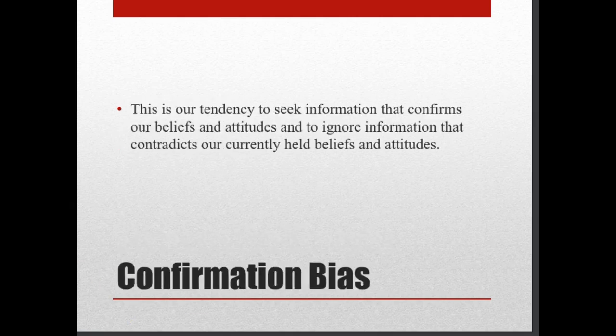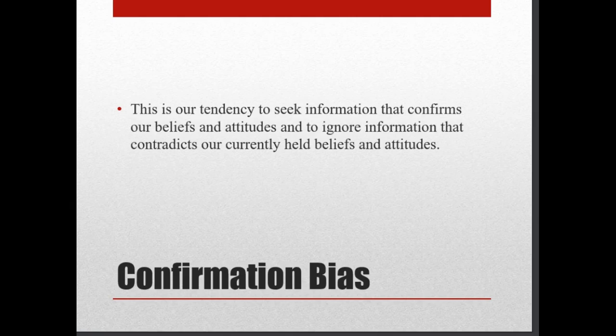First is called the confirmation bias, and confirmation bias is when a group seeks out information that confirms only what they believe and their attitudes and ignores information that contradicts their beliefs and attitudes. So just as the title suggests, they're confirming a bias that they have.